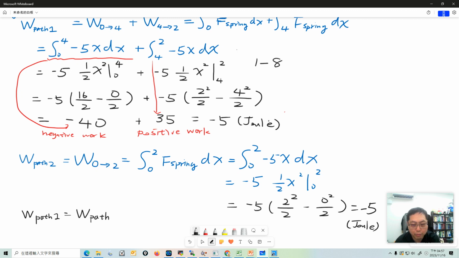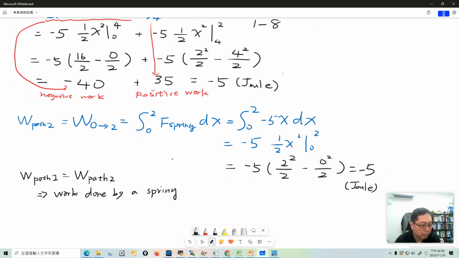Maybe it's not a very comprehensive proof, but it tells you that the work done by a spring force only takes care of the initial and final position.